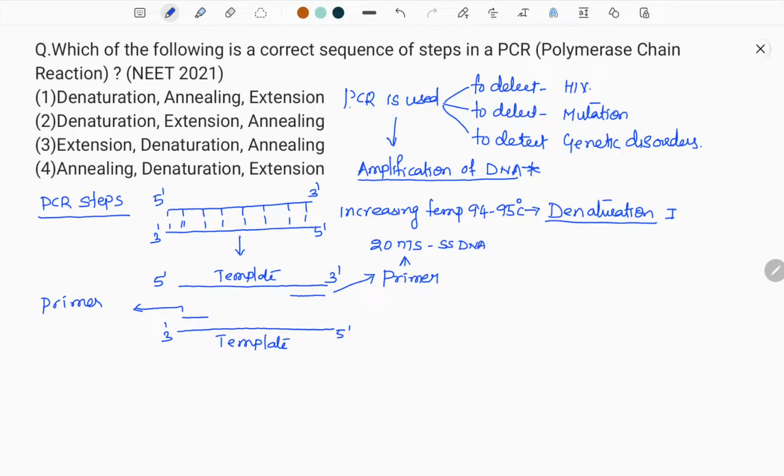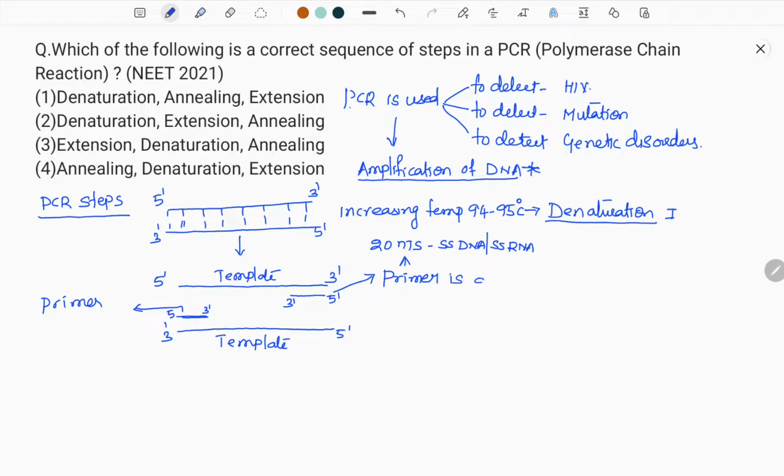of ssDNA or ssRNA, and it is called a primer, that is attached to the 3' end of the template. That is here, this is the 5' end of primer, this is the 3' end of primer, this is the 5' end of primer, this is the 3' end of primer. So the short stretch of primer attaching to the 3' end of the template strand is called annealing.